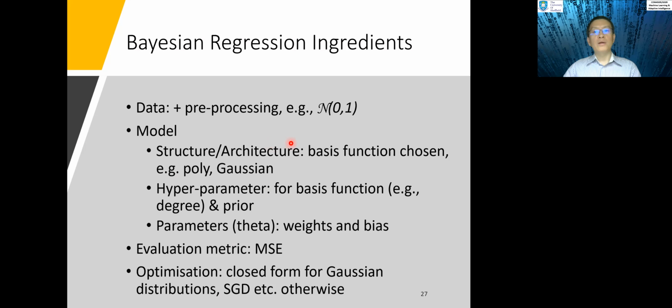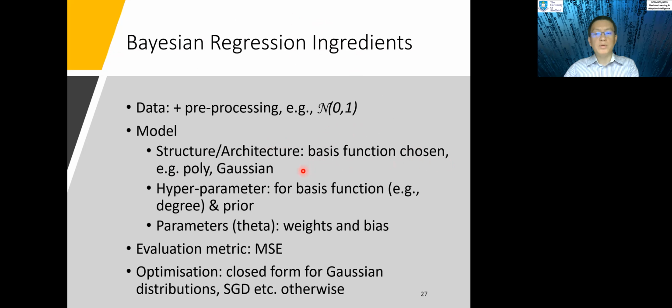So this is our very brief introduction to Bayesian regression. So we can see the ingredients of Bayesian regression. We have talked about examples with basis function-based linear regression. So that's the basic structure or architecture.